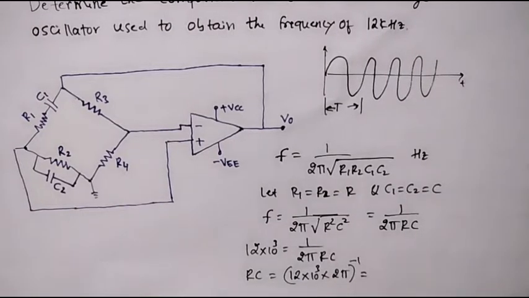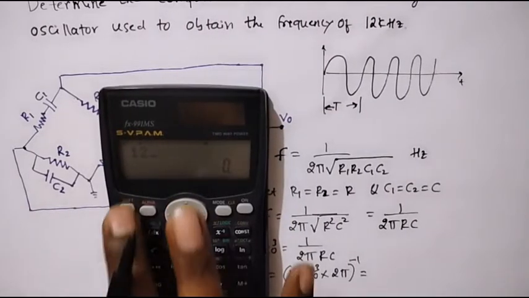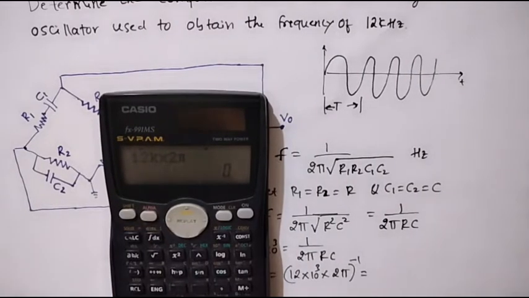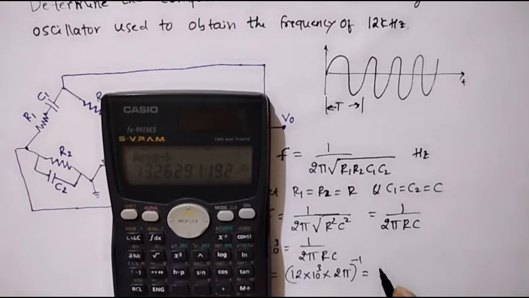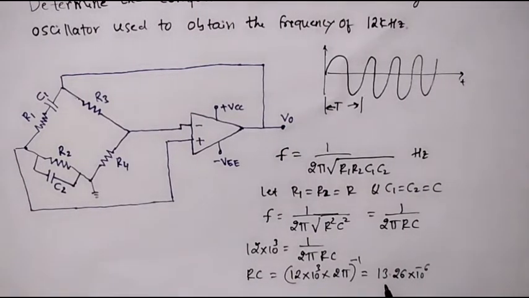Simplifying this, 12 kilo into 2 pi, taking the inverse of this gives 13.26 micro, that is 10 raised to minus 6. Therefore here the RC value is 13.26 into 10 raised to minus 6.